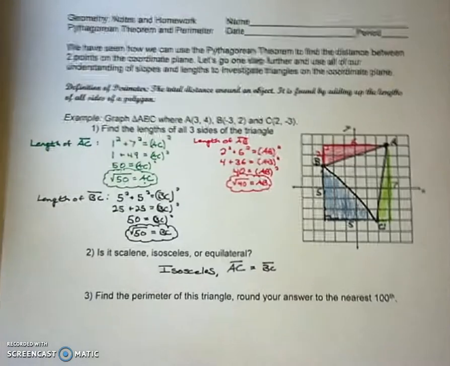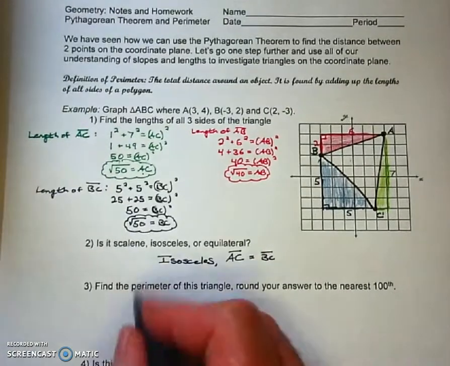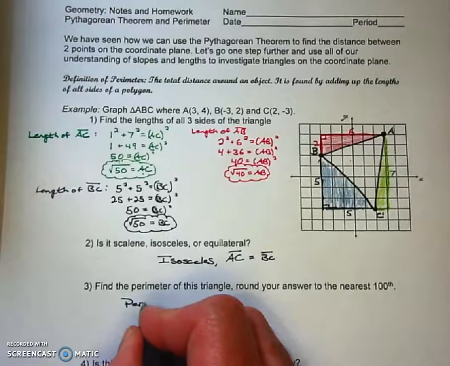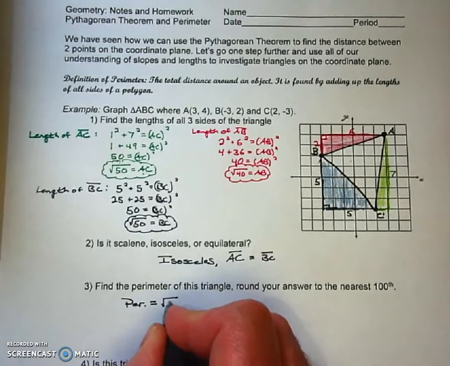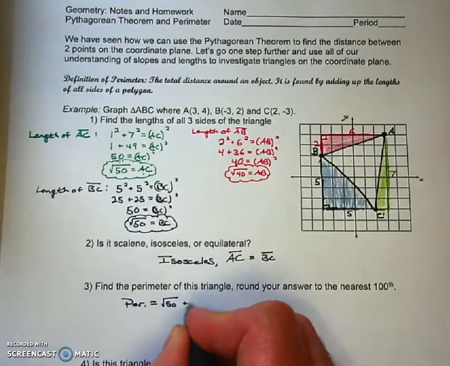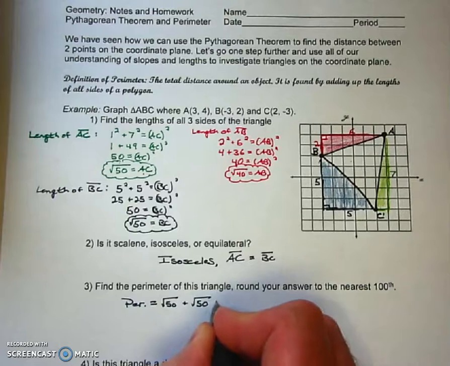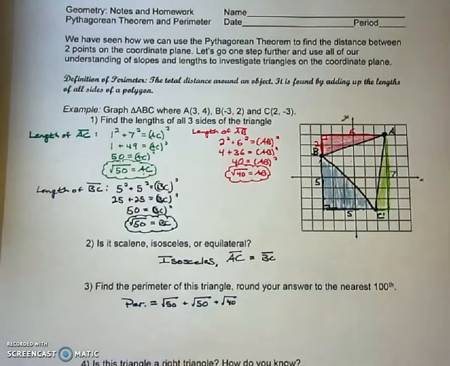Question 3, find the perimeter of this triangle. Well, the perimeter is just the sum of the sides. So it's radical 50 plus radical 50 plus radical 40. And we're going to have to go right to our calculator to figure that out.